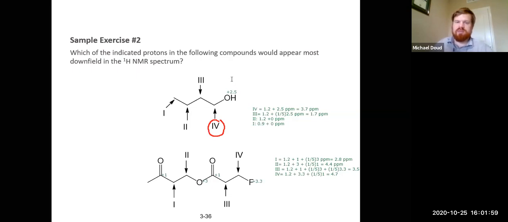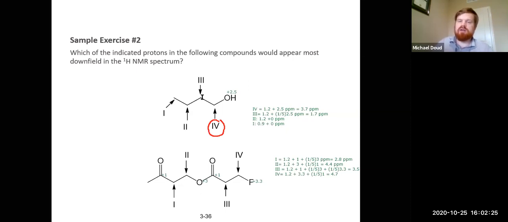All right, so let's go through the results here. On the top one, hopefully it's pretty clear that the protons on number 4 are going to be the most downfield because they're closest to the OH group. Sure enough, if we do the math, this is a CH2, a methylene, alpha to the alcohol oxygen. So that's plus 2.5, and you end up with 3.7 parts per million. The neighboring one is the beta carbon.